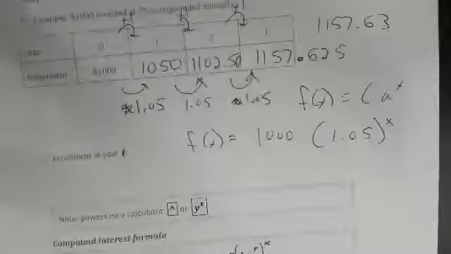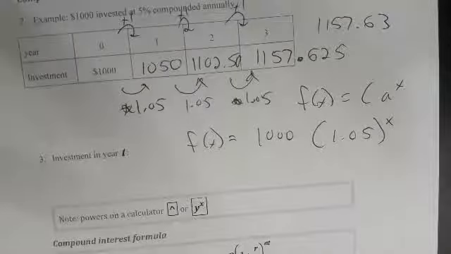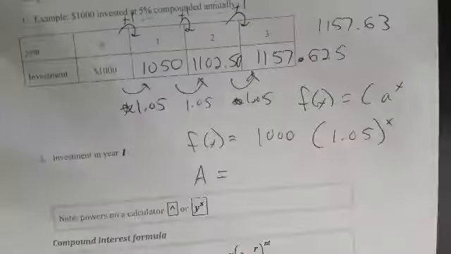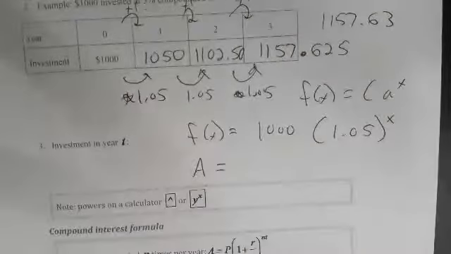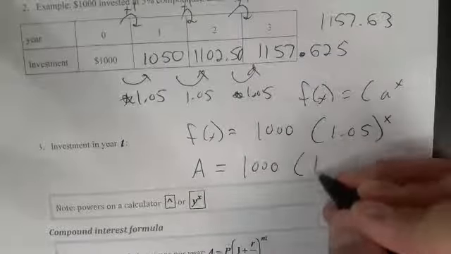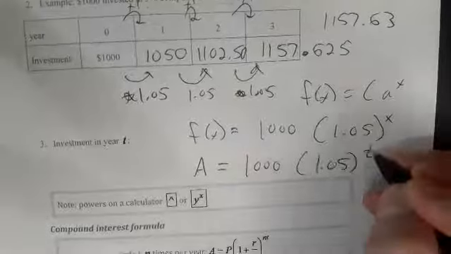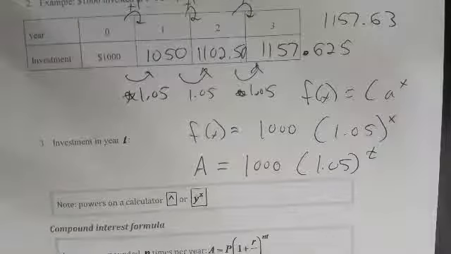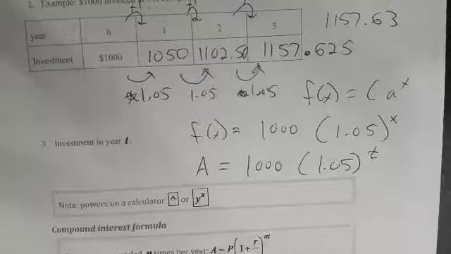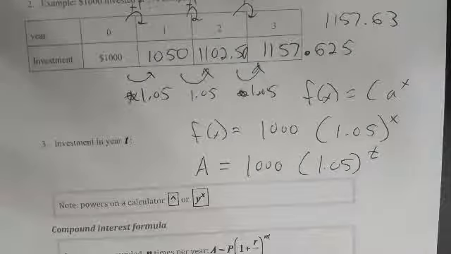So maybe they want some different symbols. This would stand for the accumulated amount, with 1.05. Some variables to suit the problem, sort of, where T is time. They want year T. Okay. Instead of x, we'll swap it with the T.